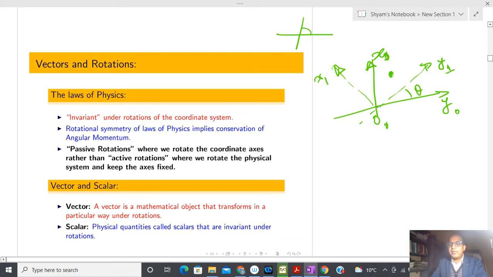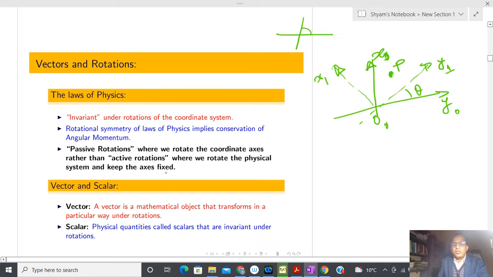So for the time being, you can assume that I have two different ways. Either I can rotate the coordinate frame, and at that time the object is fixed. Suppose this is object P. Another way, you can make the coordinate frame fixed and just rotate the object only. Okay, so based on that, we have two different kinds of rotation in physics, called passive rotation and active rotation.